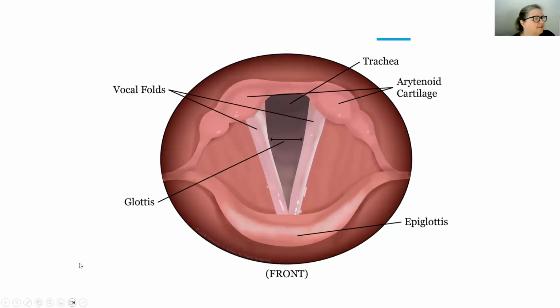All right, this is, if you were looking down the throat, where the larynx is, or what they term in this particular drawing, the vocal folds. Okay, right here. There's some cartilage here. The trachea is beyond that. Here's your epiglottis.